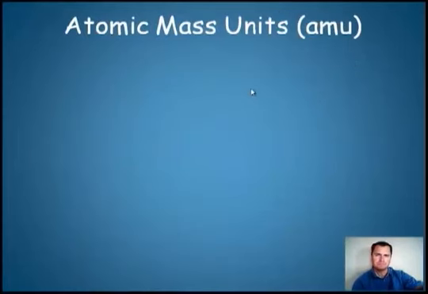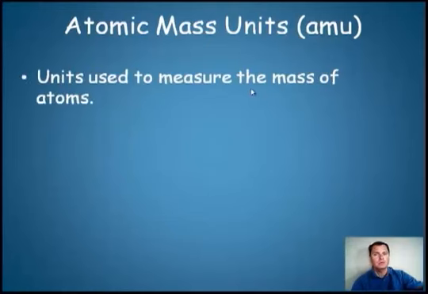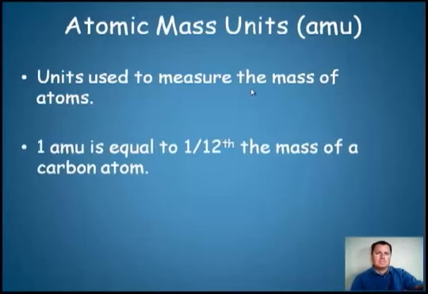Measuring the mass of a single atom, it is very, very small. Okay, so scientists have developed something called the atomic mass unit, abbreviated AMU. It's the unit that is used to measure the mass, or kind of think of it as the weight, even though weight's not the correct term, of an atom. And 1 AMU is equal to 1/12 the mass of a carbon atom.